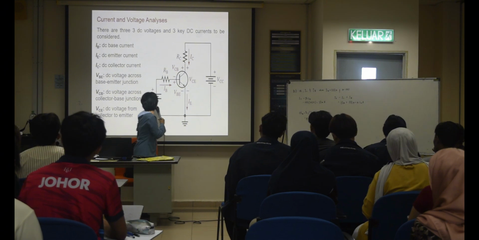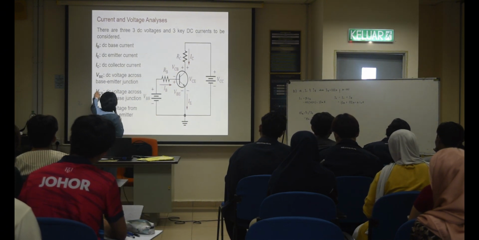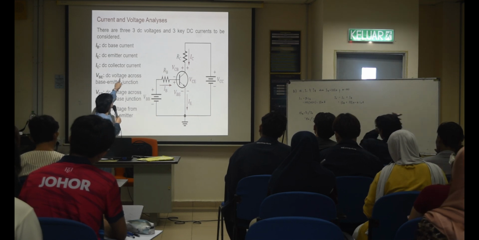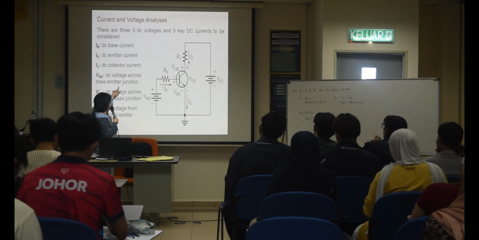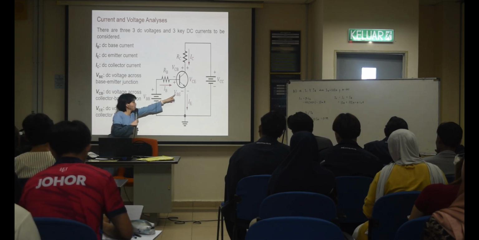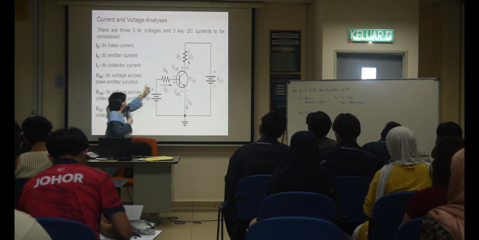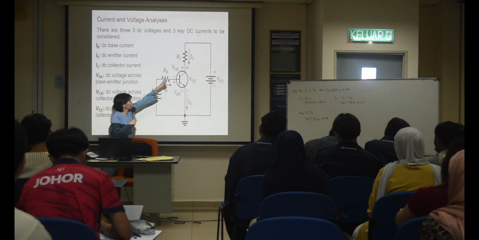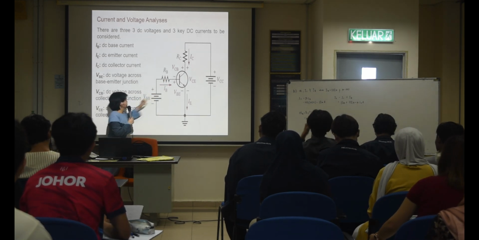Then VBE is the DC voltage across the base and emitter. Next is the voltage across the collector and base, VCB.